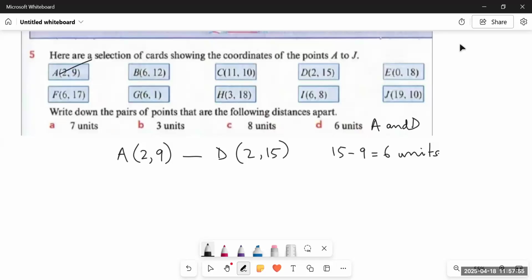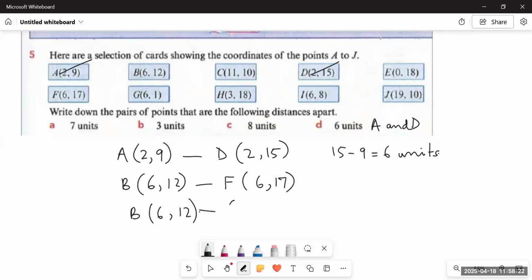Now, let's talk about B, 6,12. Let's see if we have any of the other points with x coordinate 6 or y coordinate 12. So yes, we have F, 6,17. And yes, we have again G with 6,1.